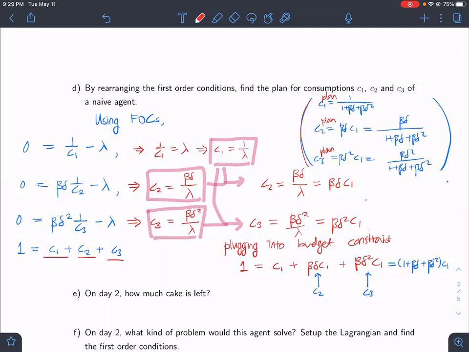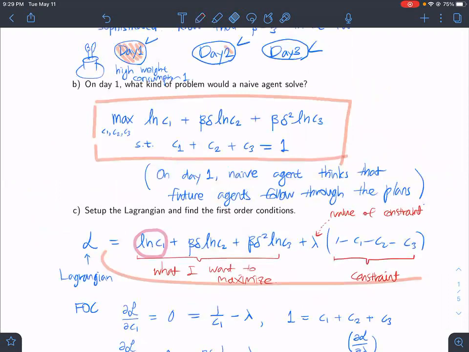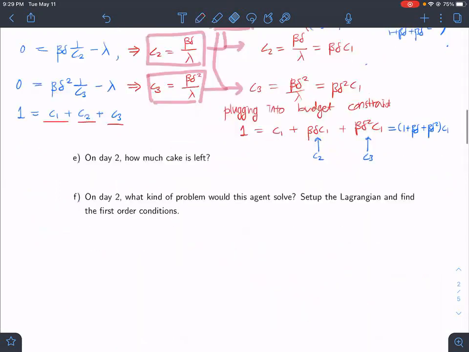Now let's see if this plan will be the same as actual consumption. So on day 2, first let me find out how much cake is left. So we had 1 cake, and what is consumed on day 1 is C1.